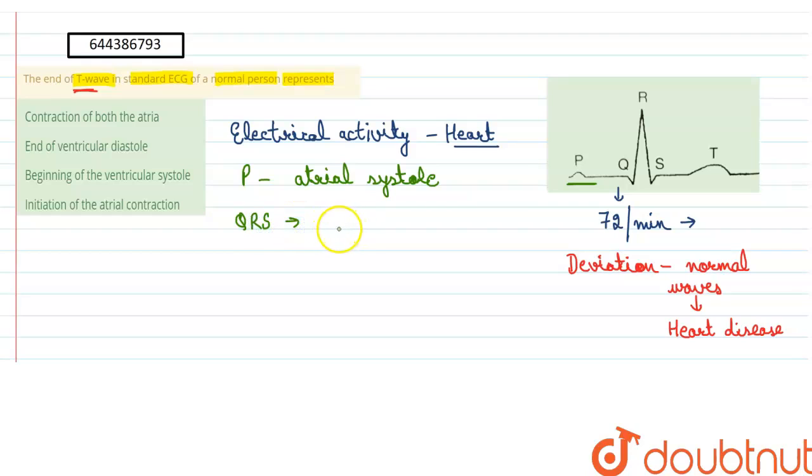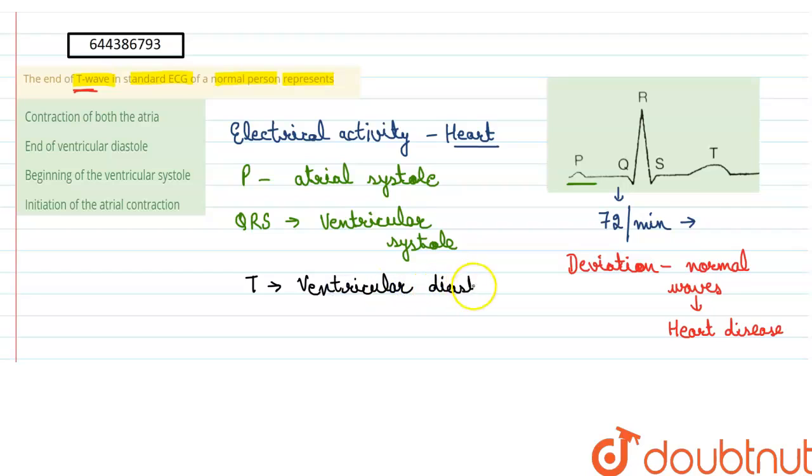The QRS complex represents the ventricular systole or ventricular contraction, and the T wave represents the ventricular diastole, or we can say the relaxation of the ventricles. It is represented by the T wave.